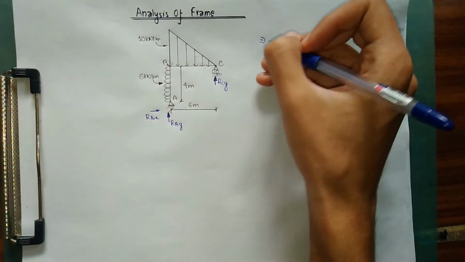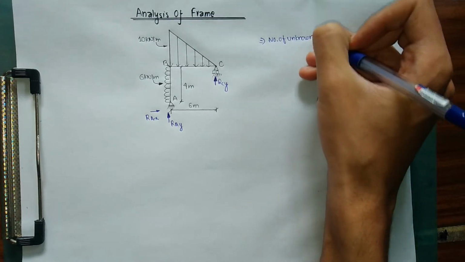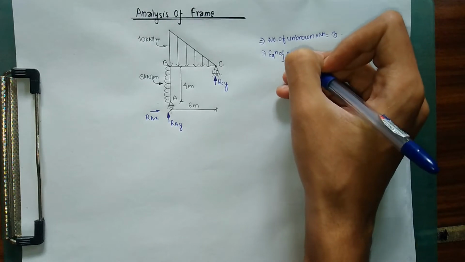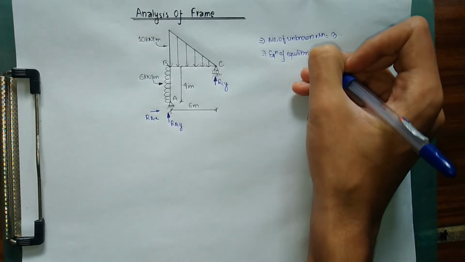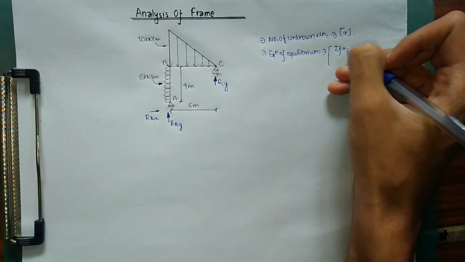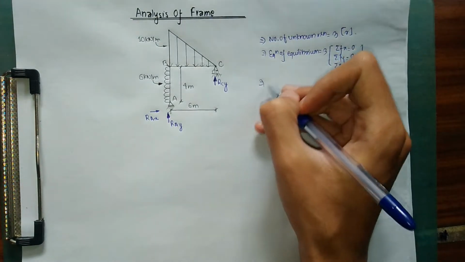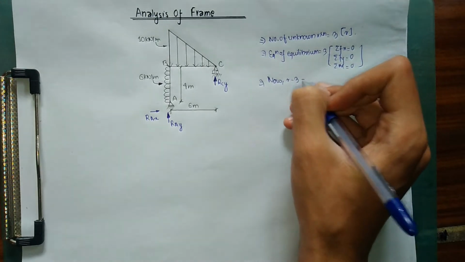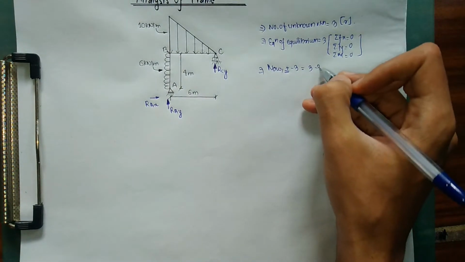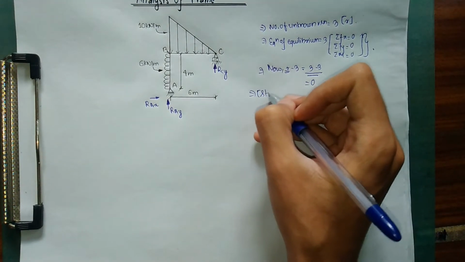Firstly, the number of unknown reactions is equal to 3, and as you know, we have three equations of equilibrium, which are ΣFX equals 0, ΣFY equals 0, and ΣMoment equals 0. We denote the unknown reactions as R, so R minus 3, which is 3 minus 3, is 0. So our given frame is statically determinate.